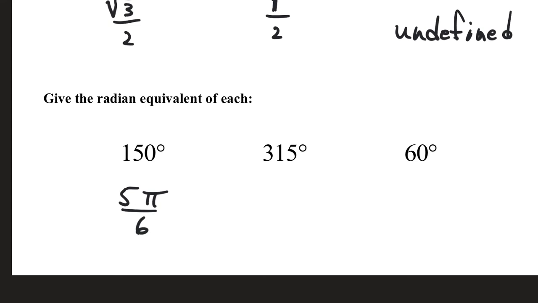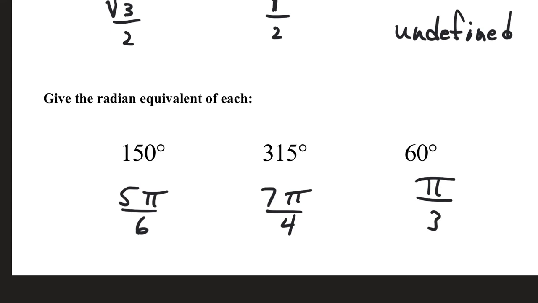If you can learn quadrant 1, the rest of it's multiples as far as your angles are concerned. 315 degrees, that is 7 45-degree movements. 45 degrees is pi over 4, so we'll have 7 of those angle movements, progressions. 60 degrees, that's quad 1. That one is pi over 3.